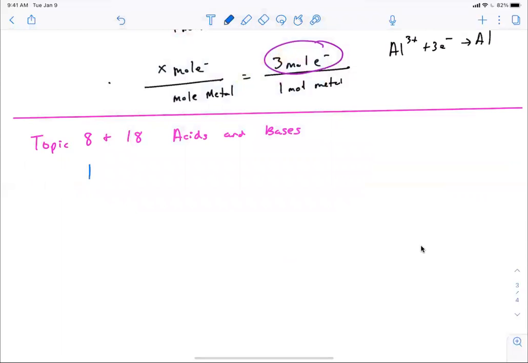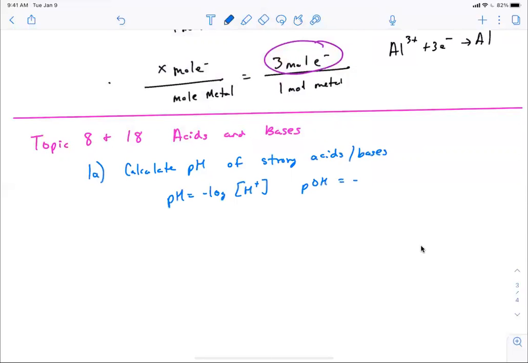Like 1A is calculate pH of strong acids or bases. Because strong acids or bases dissociate 100%. So if you want the pH as the negative log of H plus, or the pOH as negative log of OH minus, then it's pretty straightforward.